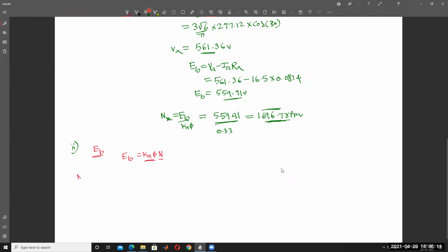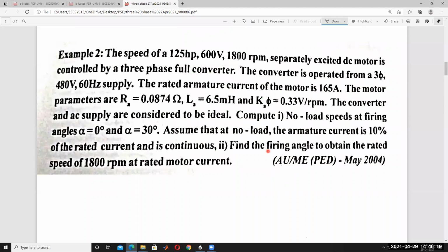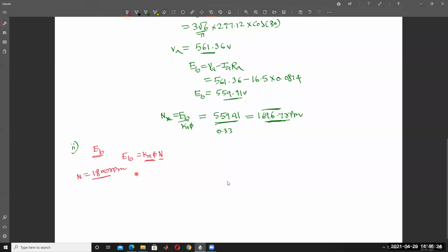What is the speed here? 1800 RPM. For this speed, we have to find the back EMF. K into pi is 0.33, as the problem already gives, and the speed is 1800 RPM.